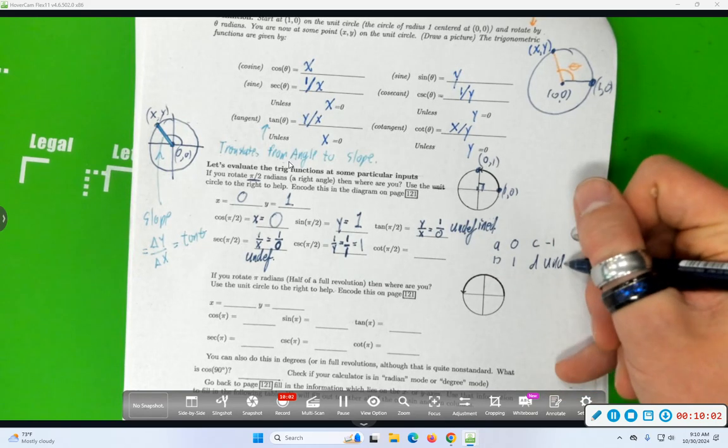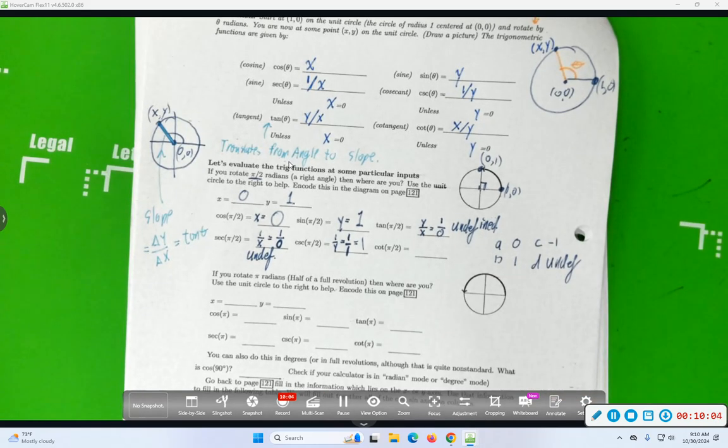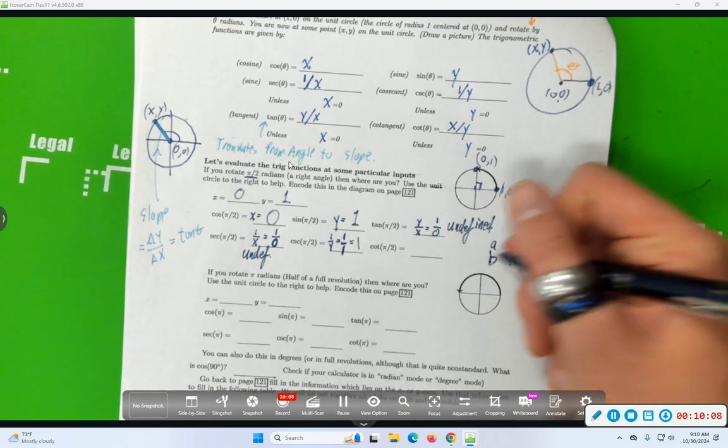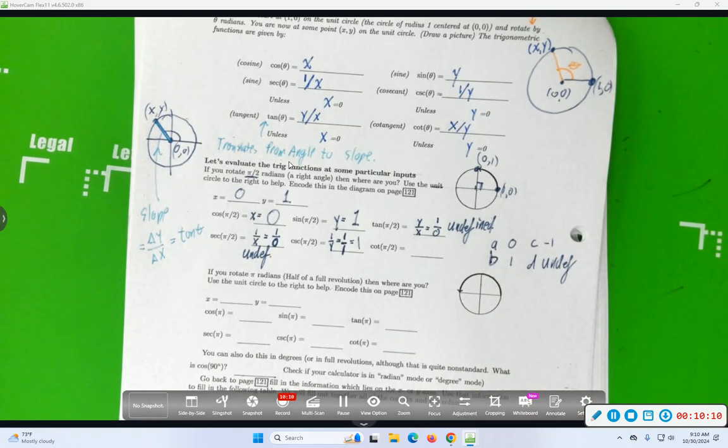Zero, 1, negative 1, all undefined. So cotangent of pi over 2. A? B? C? D? Cool. Looks like there was some controversy. Let's try to walk it out.